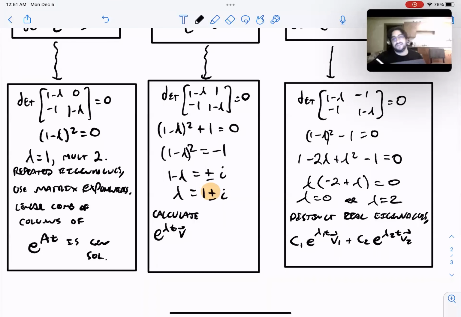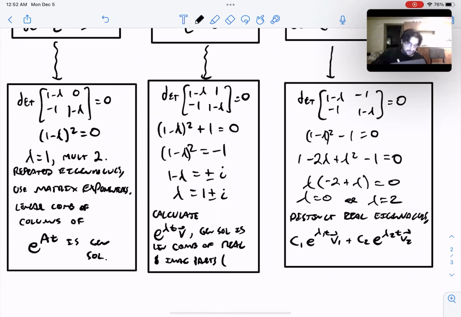You don't need to do both the plus and the minus. Just pick one, probably the plus, and calculate this. Then the general solution is the set of all linear combinations of the real and imaginary parts. So split it using Euler's identity into real and imaginary parts. You have some sines and cosines, and that's what will give you the linear combinations of the real and imaginary parts.